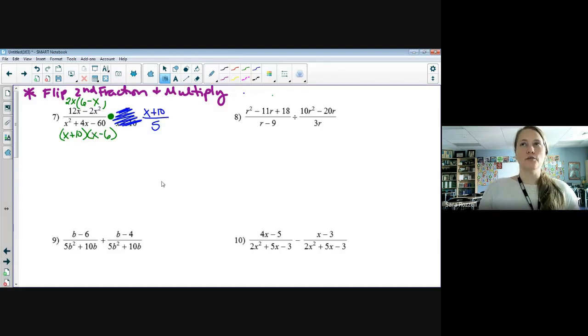Before we cancel, we'll do our excluded values. One weird thing with division problems for your excluded values, you count it as an excluded value if it was ever in the denominator. So we also have to include things that are up here because at the beginning of our problem, it was in the denominator.